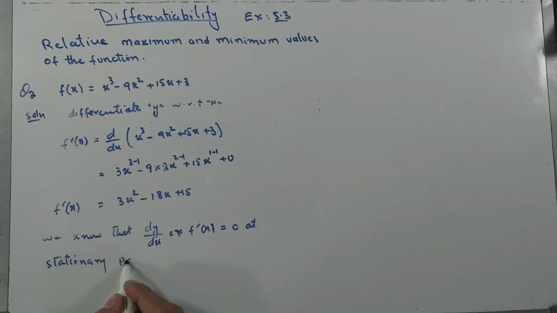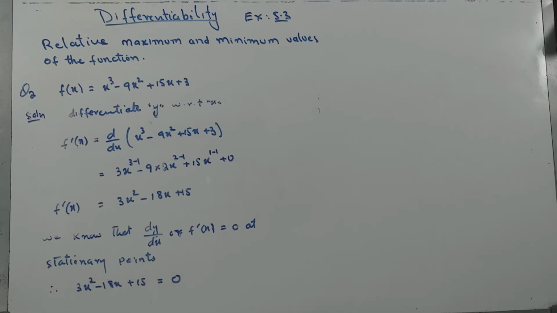Therefore, 3x square minus 18x plus 15 will have the value equal to 0.